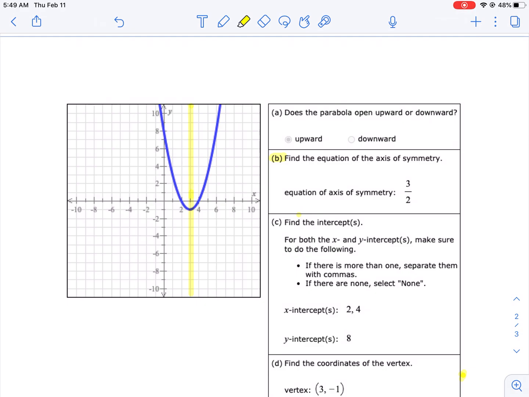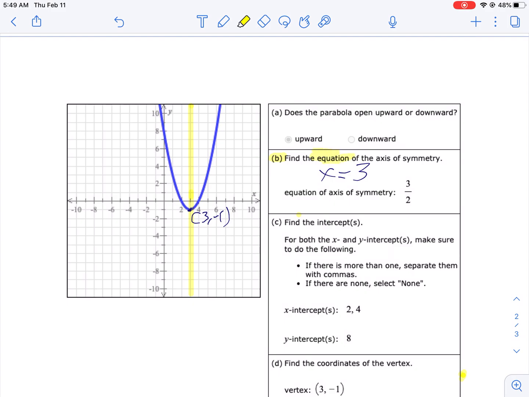And you correctly named your vertex to be at 3 and negative 1. So your vertex has the same x-coordinate. It's x equals 3.